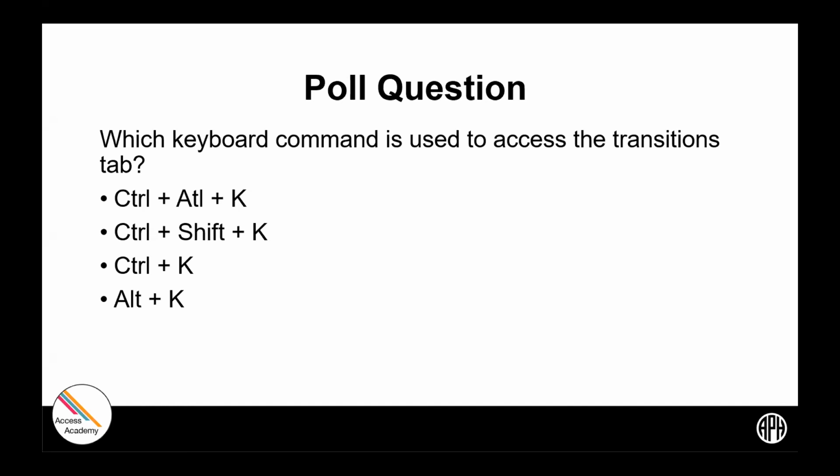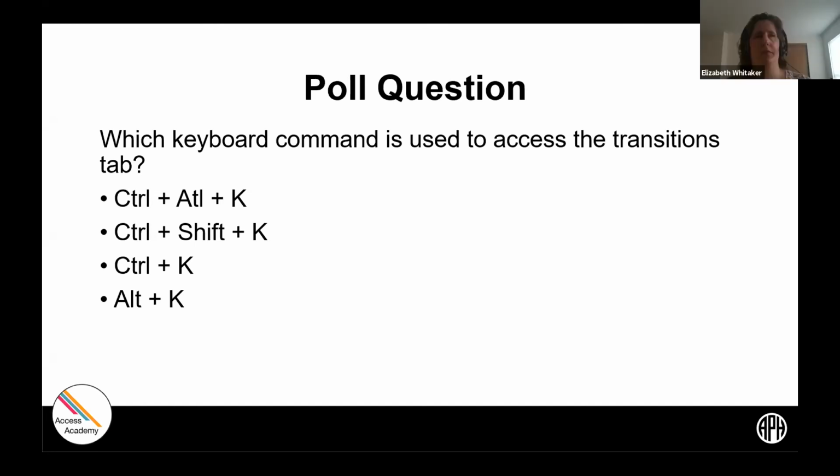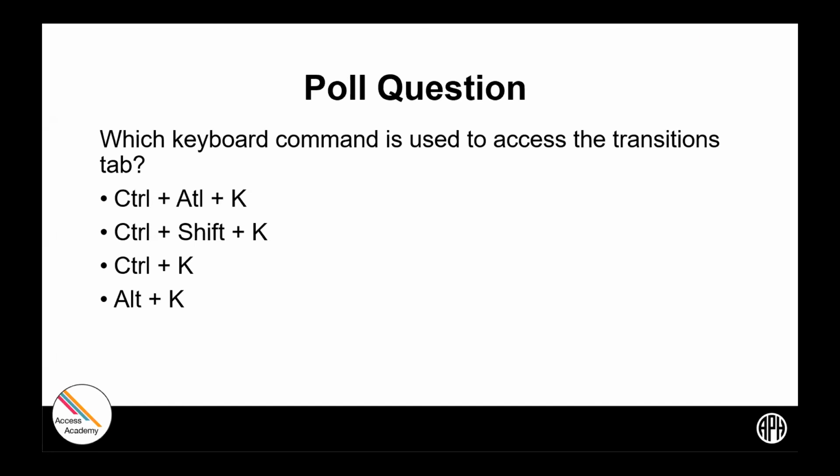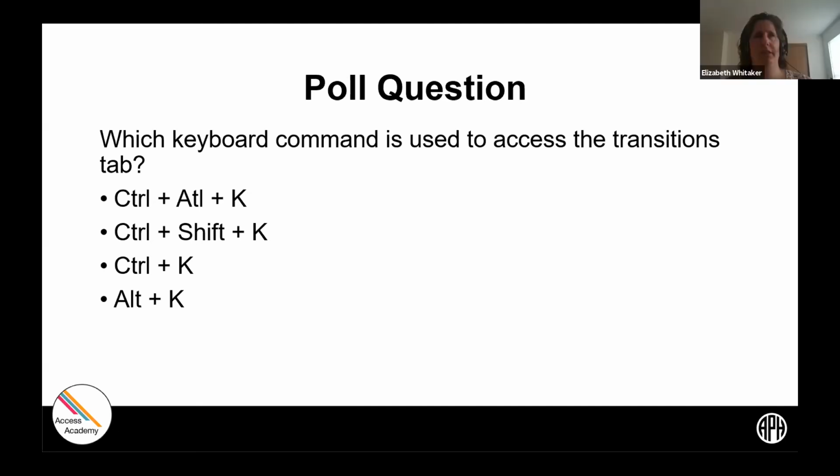And while you're filling out that poll, we're going to ask a question that came into the chat. Do transitions automatically go to the next slide, or do you still press page down to move slides? Transitions are for when you're in slideshow mode. And maybe I'm not understanding your question, correct me if I'm wrong, but if you're in your slide area and you press page down, you're moving from slide to slide.